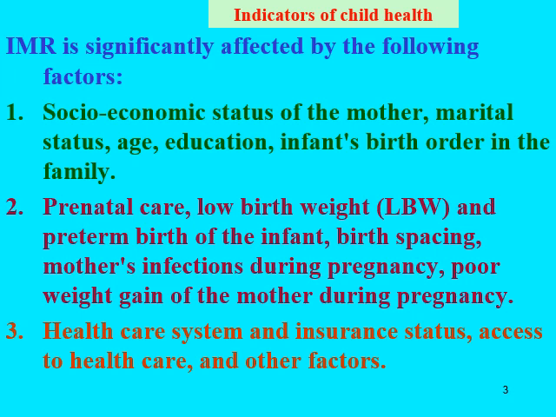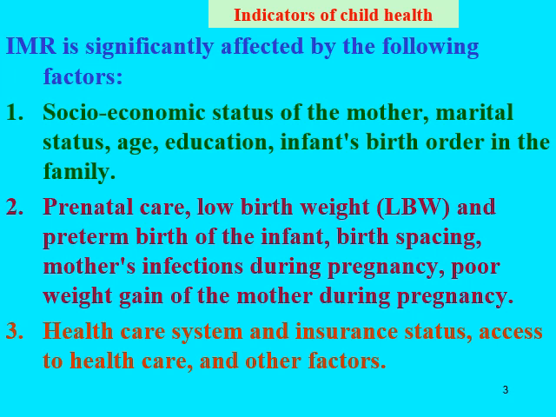Also, it depends a lot on prenatal care. Infant mortality rates are directly related to adequate or inadequate prenatal care. It's also directly related to low birth weight and preterm birth.